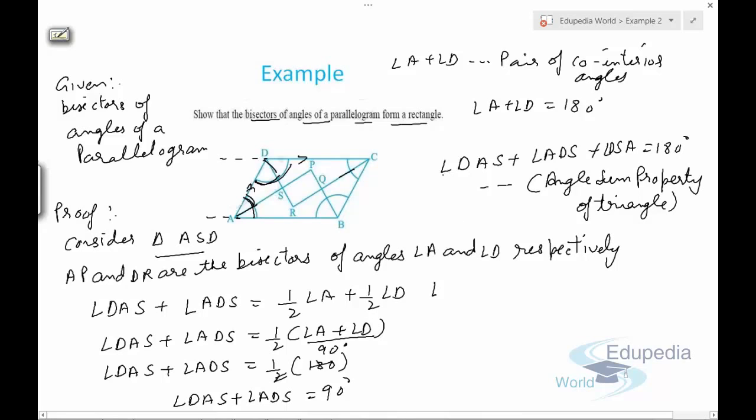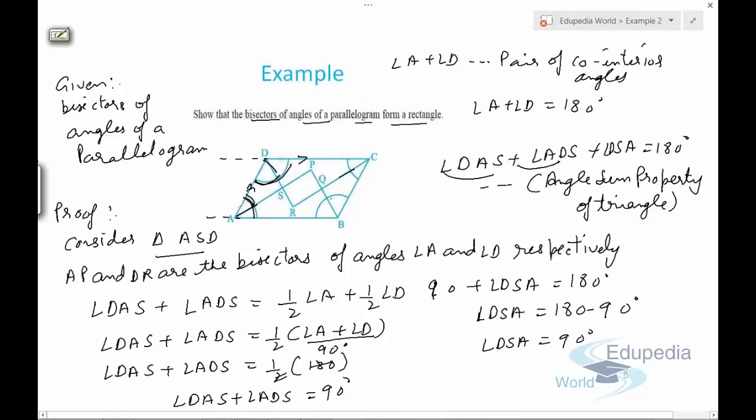Now we know that angle DAS plus angle ADS is 90 degrees. So we can write 90 plus angle DSA equals 180 degrees, and this implies angle DSA equals 180 minus 90. So angle DSA equals 90 degrees. So we have this angle as 90 degrees.